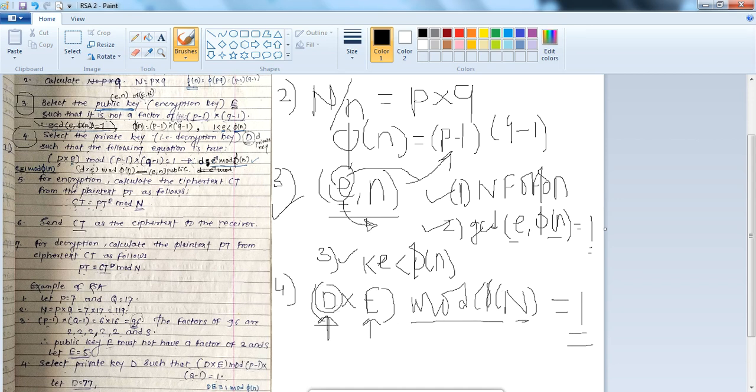Then d into e mod of p minus 1 into q minus 1 is equal to 1. We should select d such that this equation is true, okay?